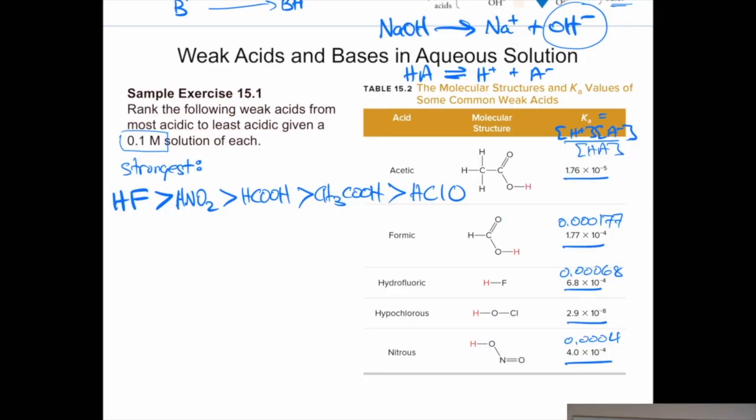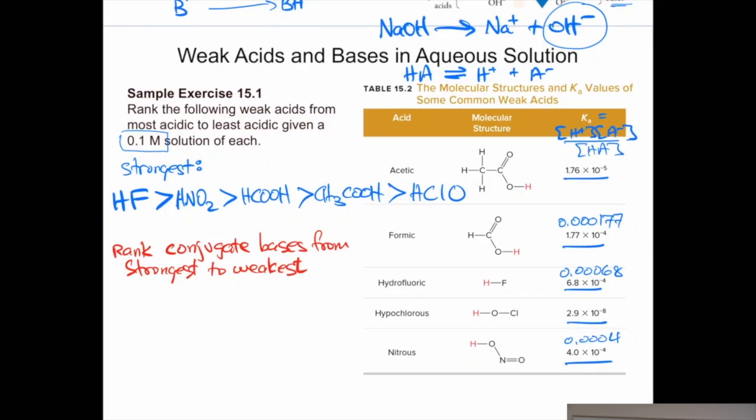But what if I were to ask you a different question? Let's rank the conjugate bases from strongest to weakest. Opposite. Are you confident?